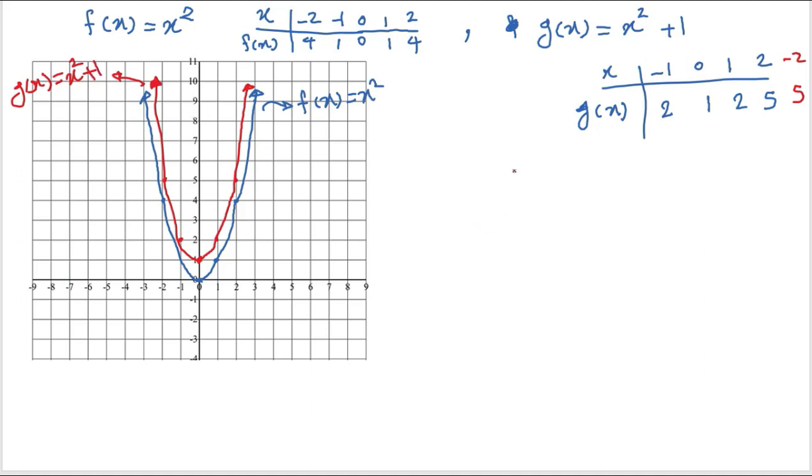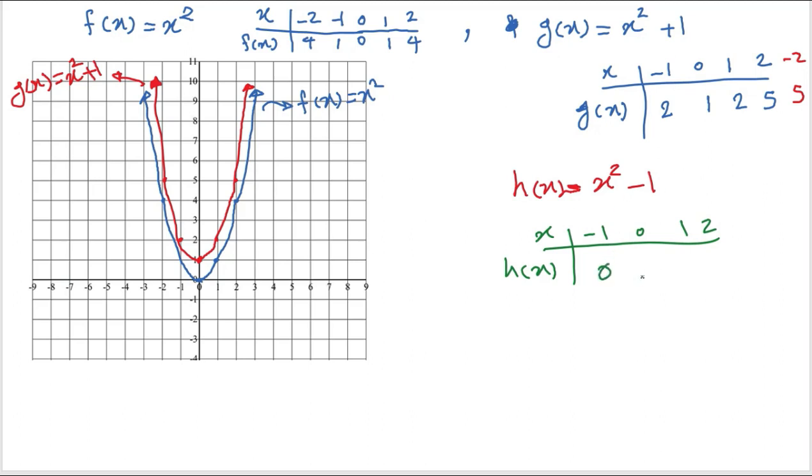Now let's graph h of x is equal to x squared minus 1. So again, if I draw a table, x and h of x, and give points negative 1, 0, 1, 2: negative 1 squared is 1, minus 1, 0; 0 minus 1 is negative 1; 1 minus 1, 0; 2 squared is 4 minus 1, 3.